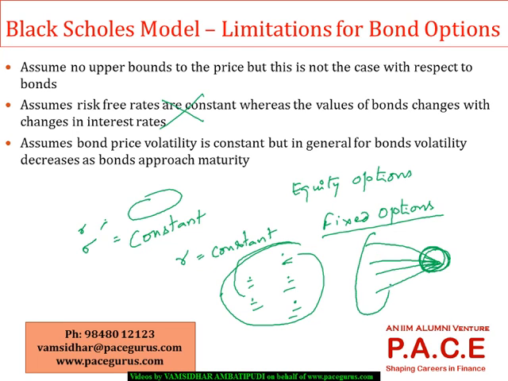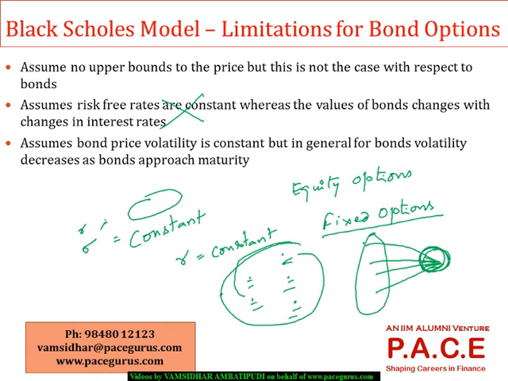Their volatility may be very high when they are very far off from the maturity, but the more they approach the maturity period, their volatility becomes less and less. So the volatility is not constant throughout the entire period of the option, which means I cannot use the Black-Scholes model from that dimension either.